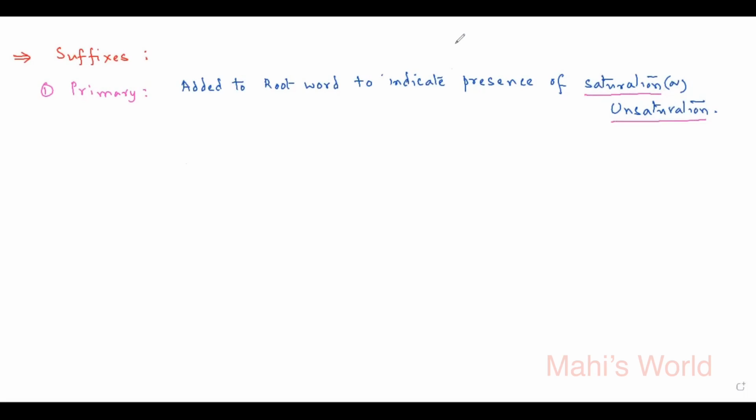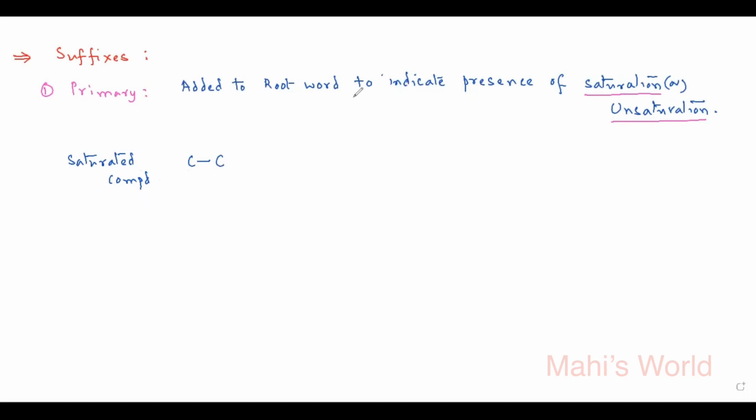What is saturation? If there are single bonds only between carbon atoms, it is called a saturated compound. Only single bonds.